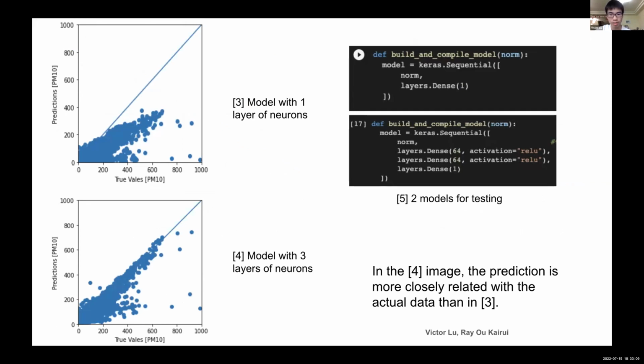The second model seems quite powerful since it fits the line really well. So based on the fitting degree, we can also infer that the 2 additional layers could exert a great effect on the accuracy of the final result in a relatively simple model. The upper right corner is our code for the model for testing.